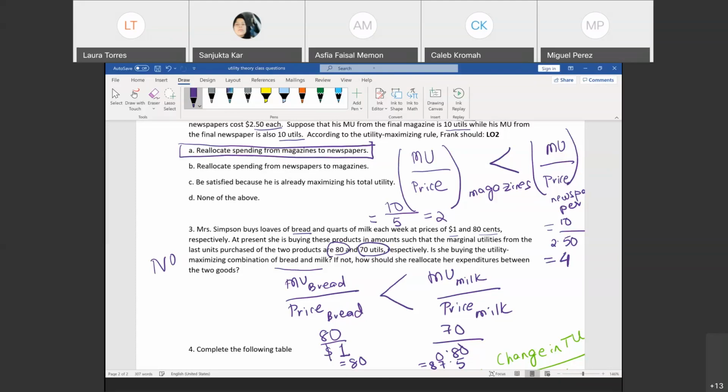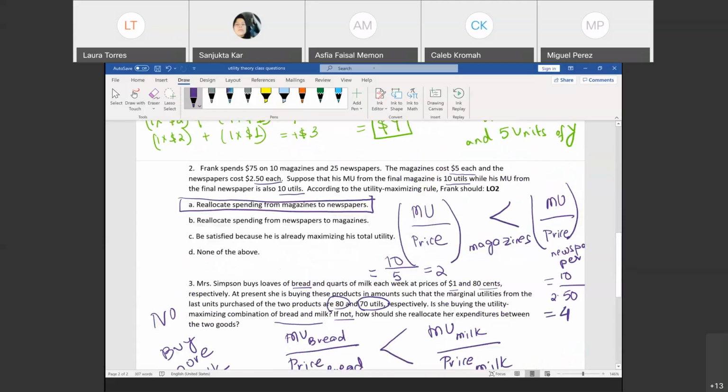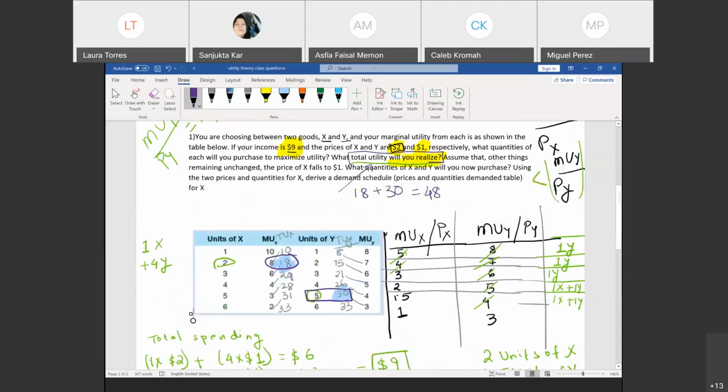How would she reallocate her expenses between the two goods? She should buy more milk. Hope this makes sense.